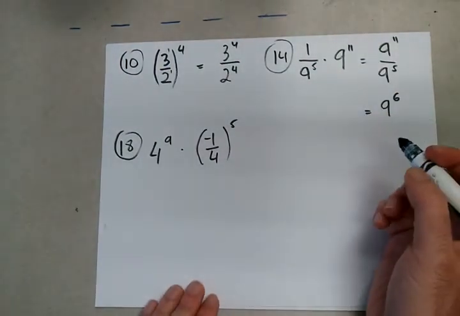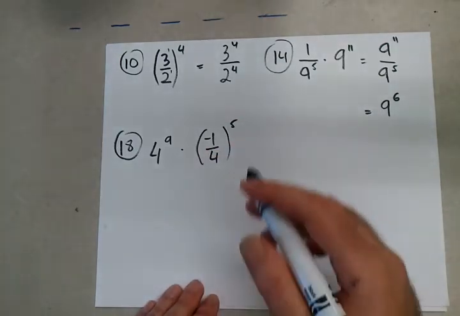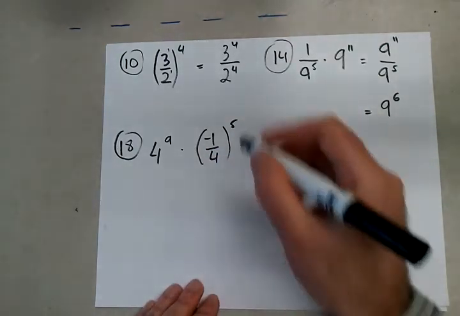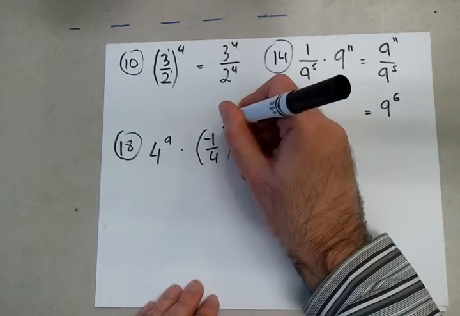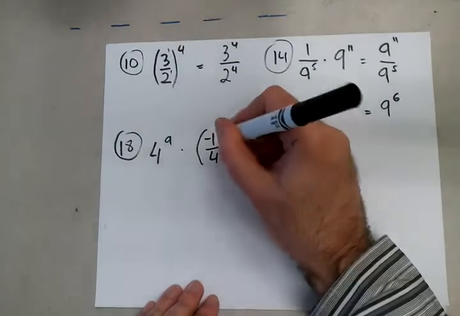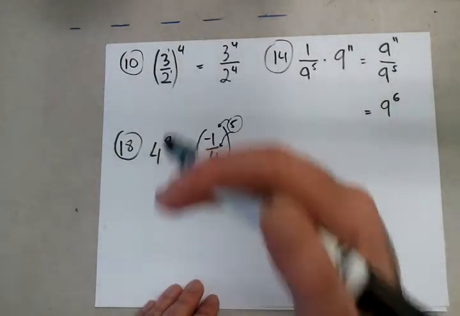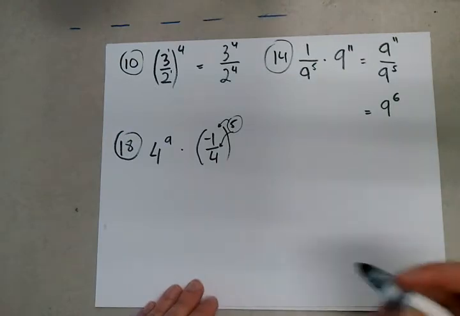So you're just going to multiply the exponents of each numerator and denominator by the external one, or another way of thinking about it, you're going to distribute the external exponent to the exponents of negative 1 and 4, which are both 1.